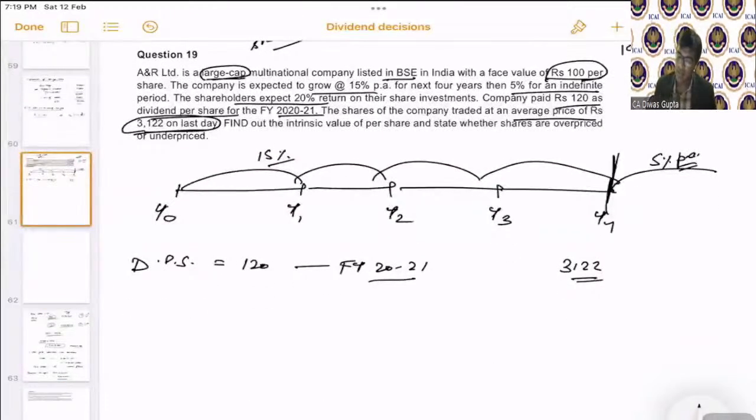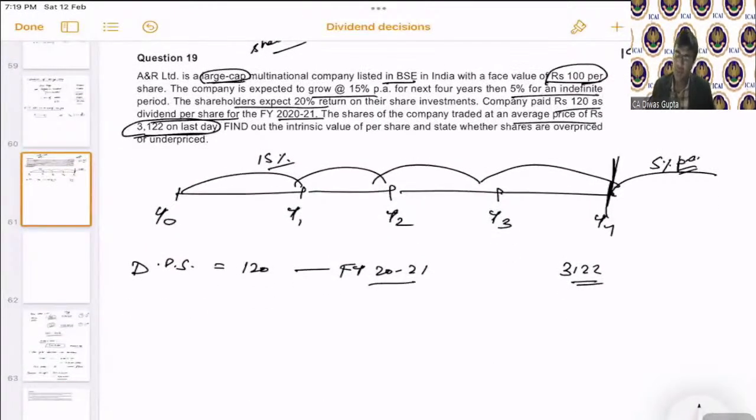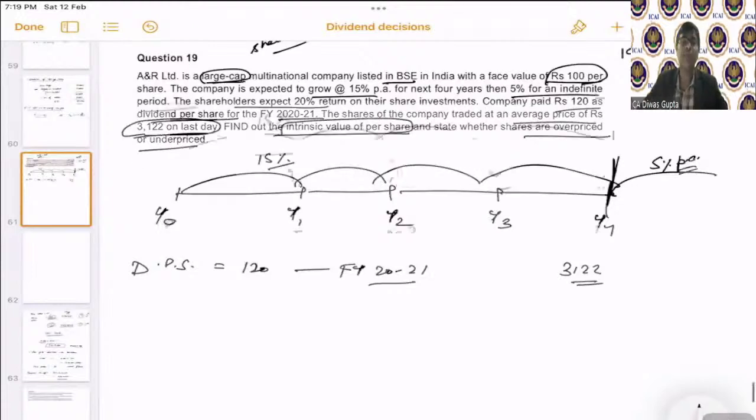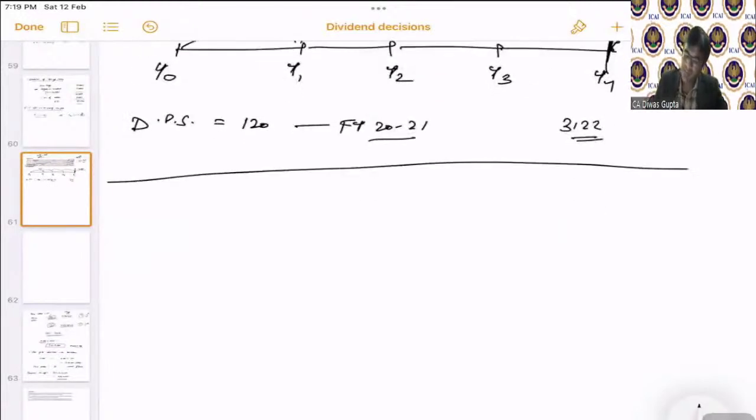Now coming back to the question, students. What is asked is to find out the intrinsic value per share and state whether the shares are overpriced or underpriced. Before we go into the calculations, we know that there are different ways of valuing shares. One is the market price.